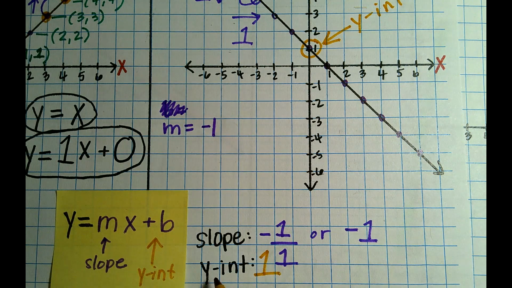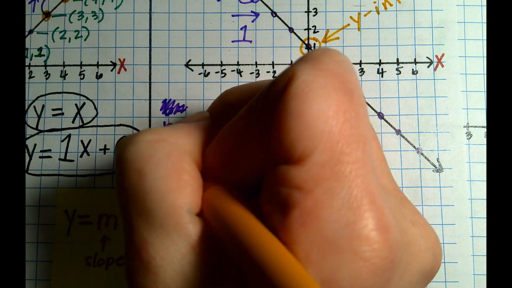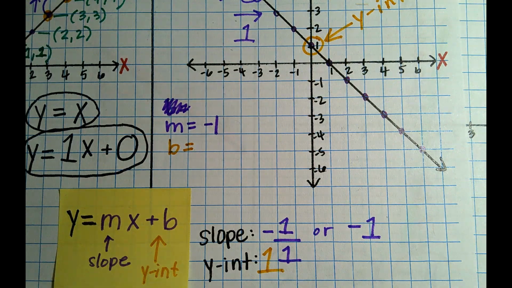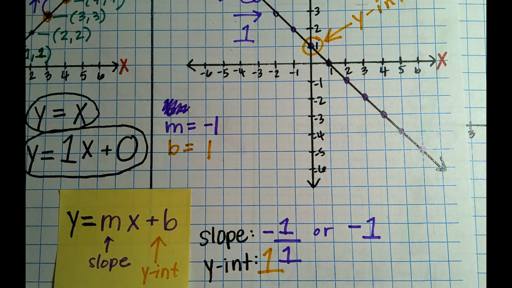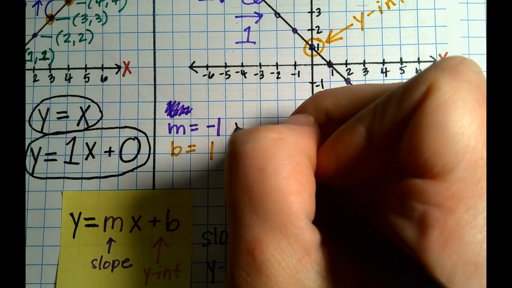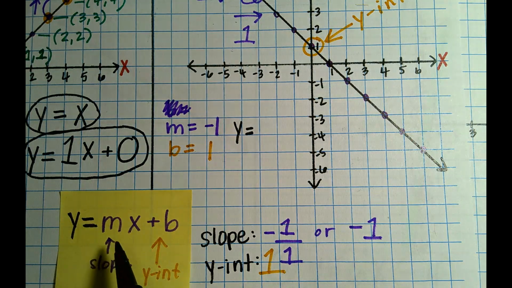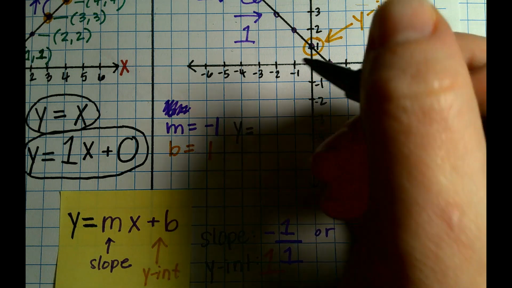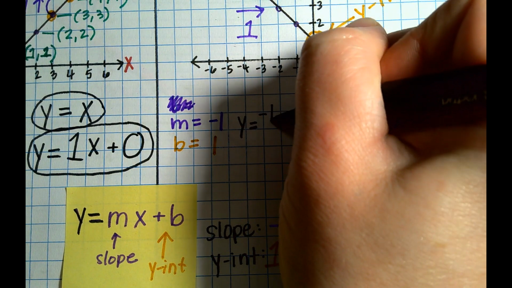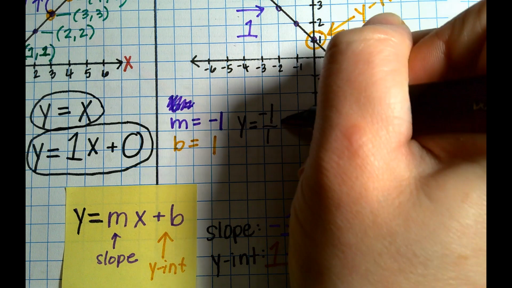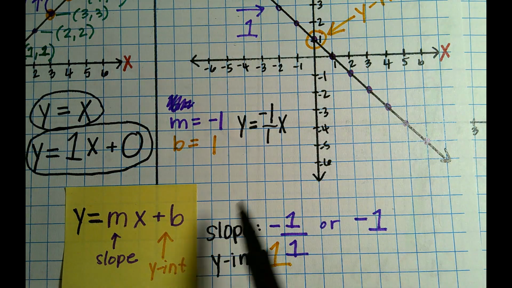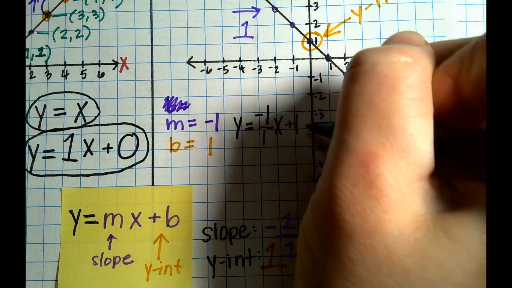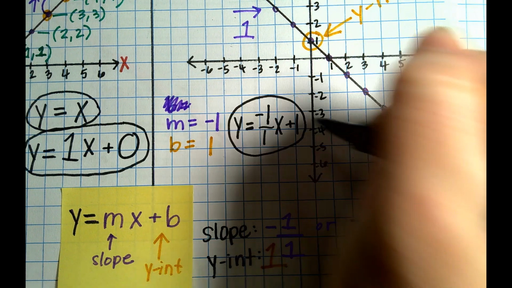And then my y-intercept, or b, is 1. So if I wanted to write the equation of this line, what is my equation? Y is -1/1 x plus 1. That's the equation.